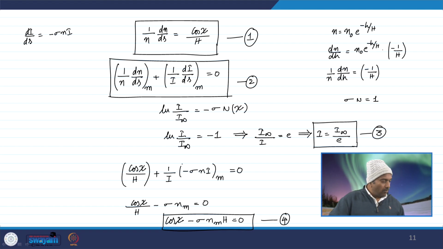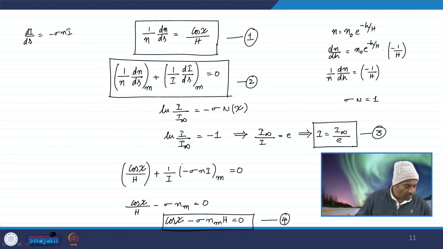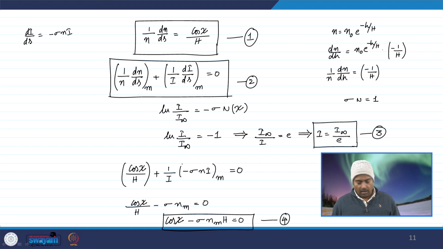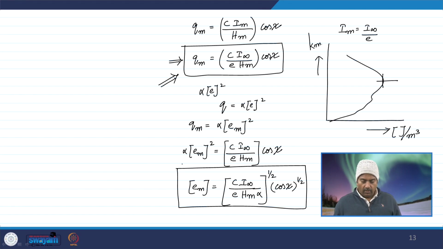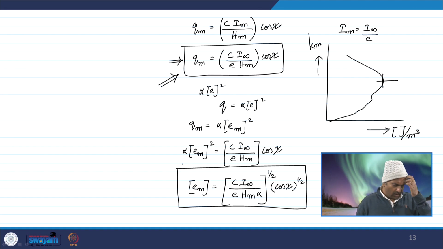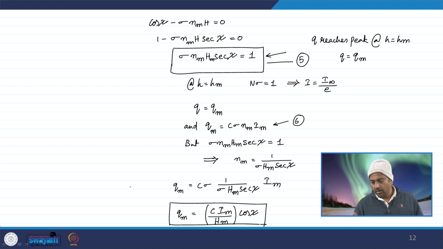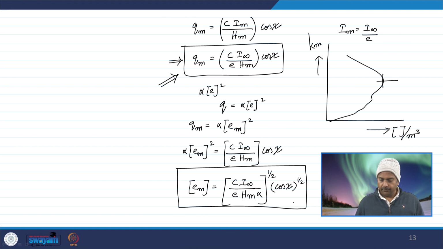Now, let us say we have the particles or the atoms and molecules which are vertically distributed in an exponential way. We will keep this result, we will use it in the subsequent discussions. Let us say we number it 6, we call it as 7, and this is equation number 8.